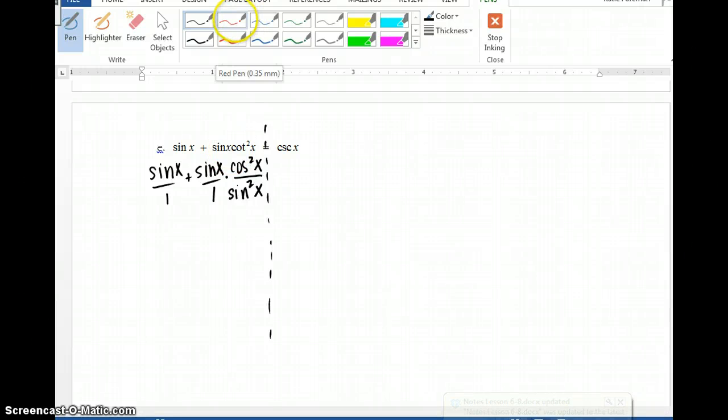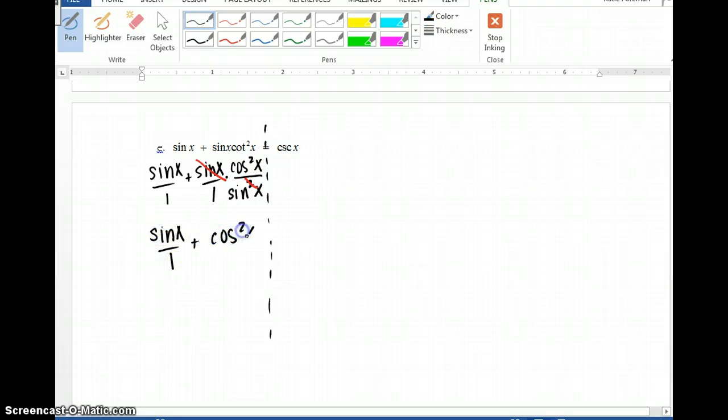The only cancellation that happens here is one sine from the numerator will cancel with one sine from the denominator. So then I have sine x over 1 plus cosine squared x over sine x. So now to prove, I'm asking you to add fractions together. In order to add the fractions, we know we need a common denominator.